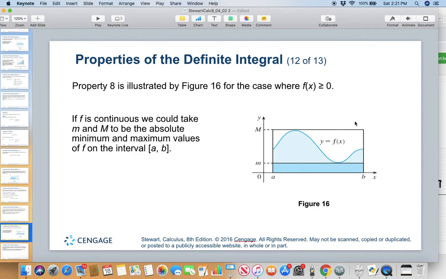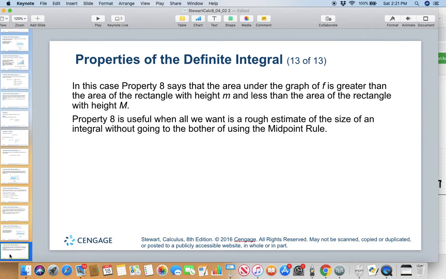Well, what is this big rectangle? That's the area with height capital M. What is this small rectangle? That's the area under little m. So obviously you're going to get the area under the graph of f is greater than or equal to the area of the rectangle with height m, and less than or equal to the area of the rectangle with height capital M.